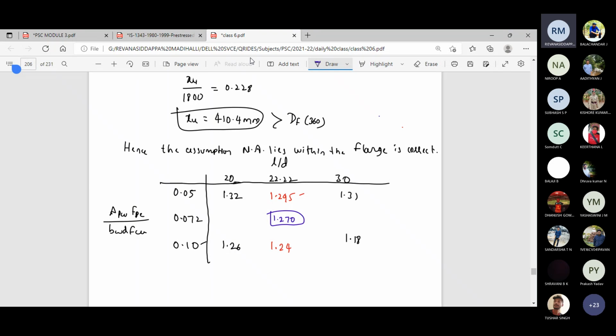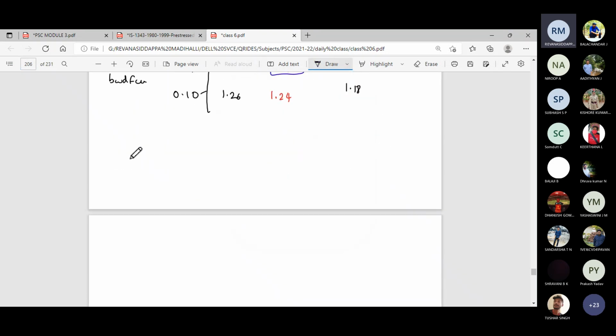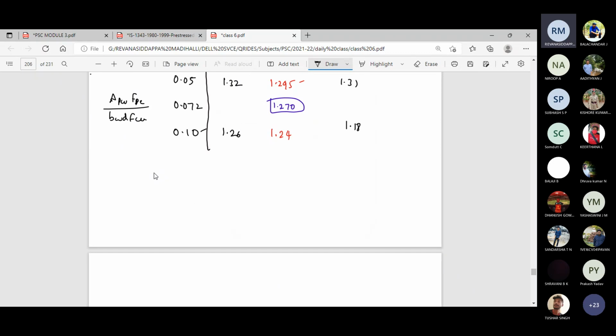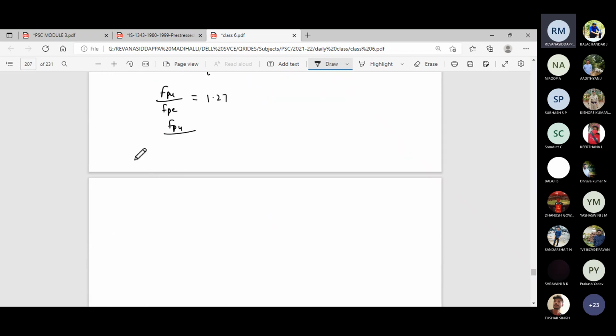Therefore, below you write it as FPU by FPE is equal to 1.27. FPU by FPE, where FPE is given as 1200, that is the pre-stress after the losses, FPE.